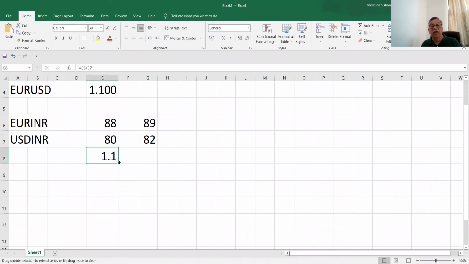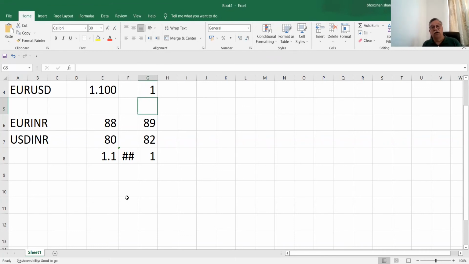What you will find is, if this happens, your Euro USD ratio will also become the same, because rupee and rupee cancel out.